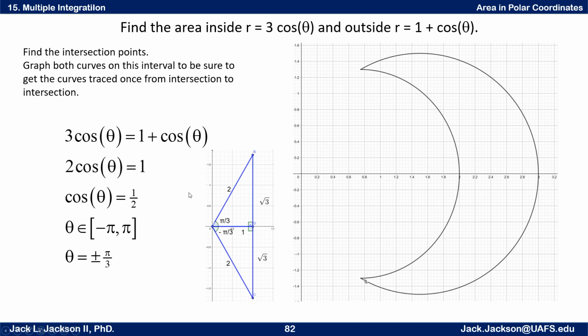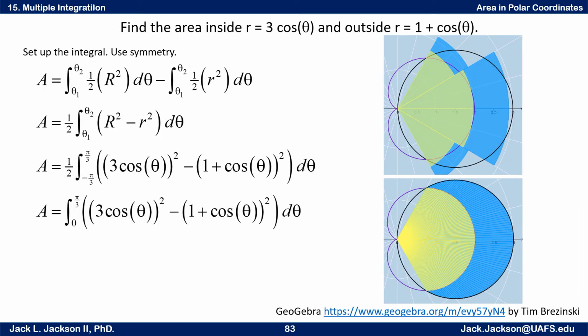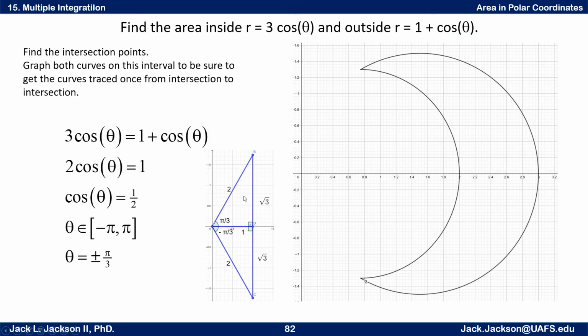In other words, y over r, square root of 3 over 2. So that's square root of 3 over 2 for that. The sine of pi over 3 is also square root of 3 over 2. That's this triangle here, and it's square root of 3 over 2 for that one.